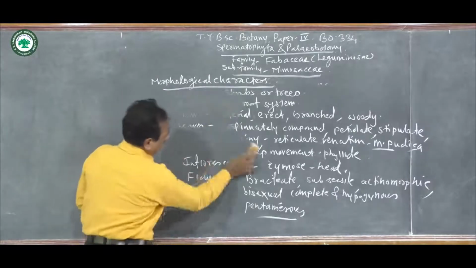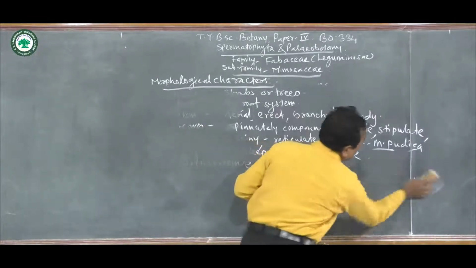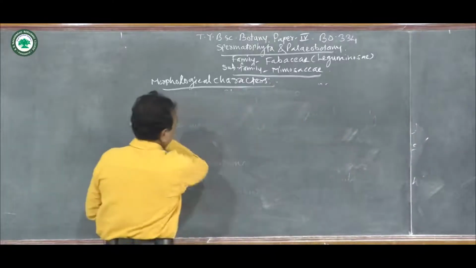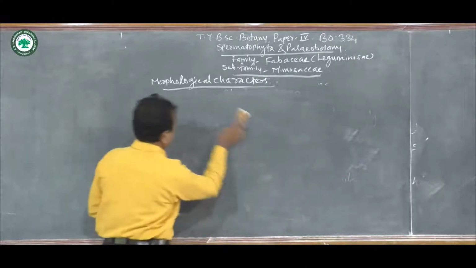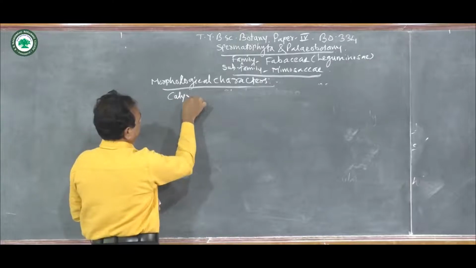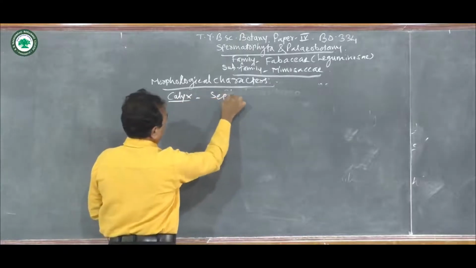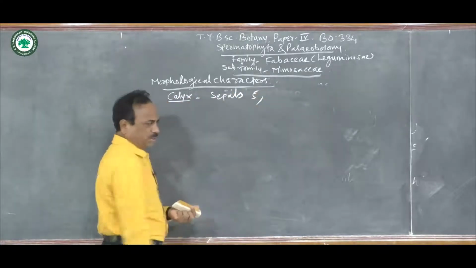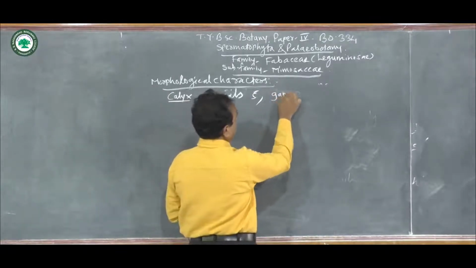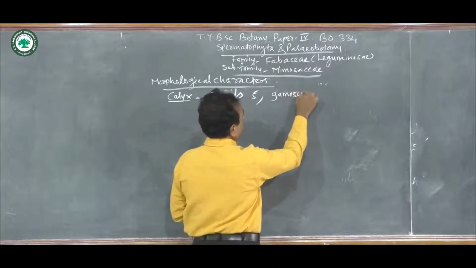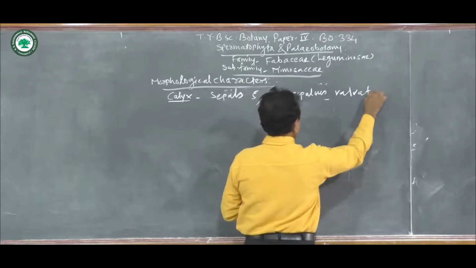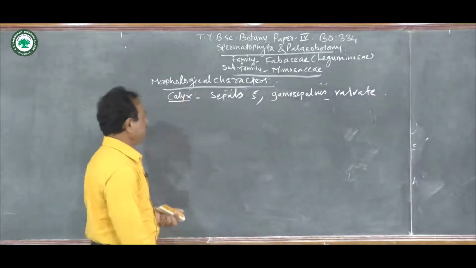If we see the floral parts, that is calyx, corolla, androecium and gynoecium: the calyx consists of 5 sepals. In many plants they are united, so gamosepalous, with valvate aestivation.